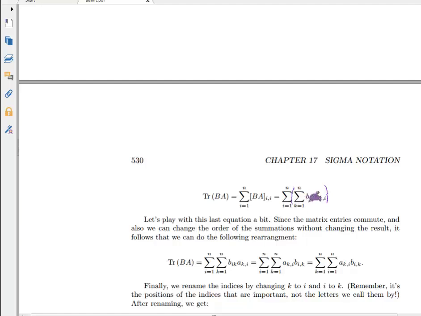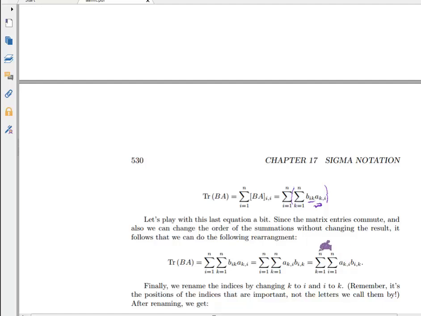And we can also exchange the entries within the product, because this is just a product of ordinary real numbers. And we can rewrite this trace, first changing the order and then exchanging the summation.